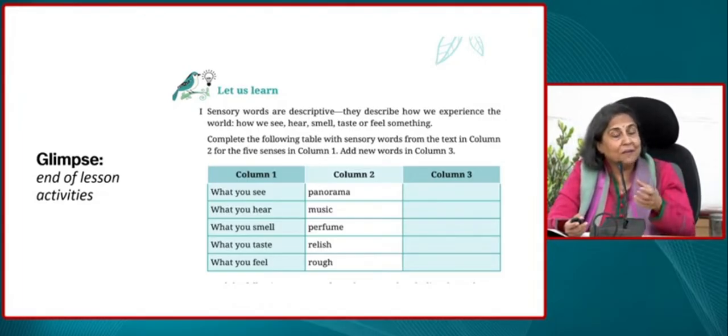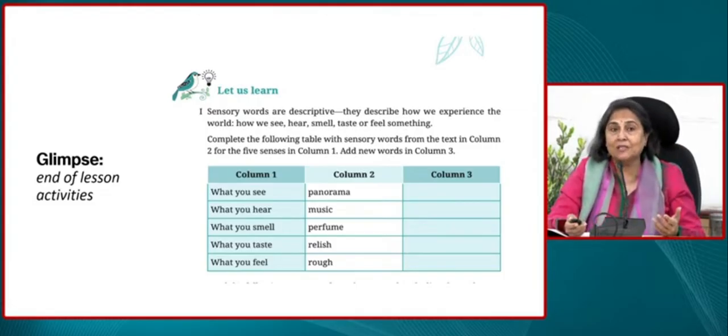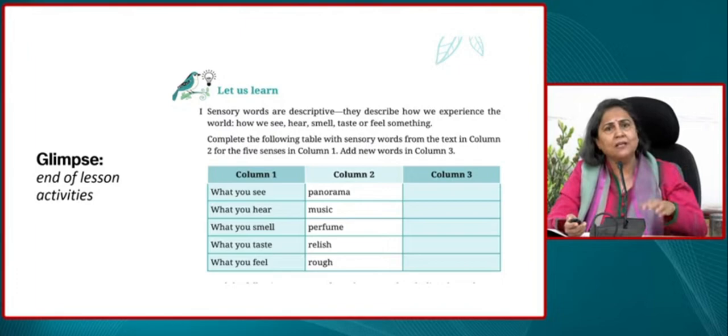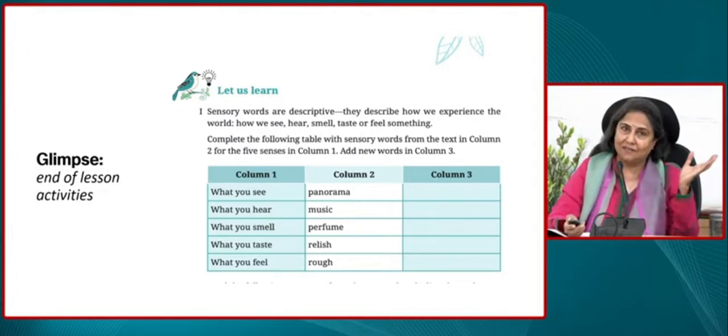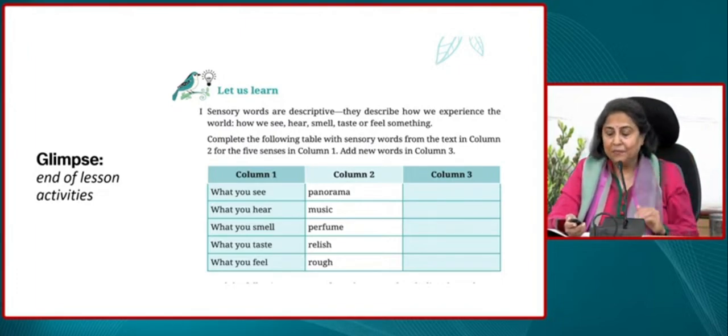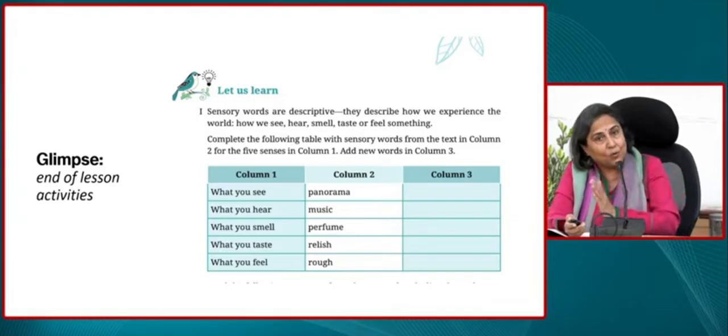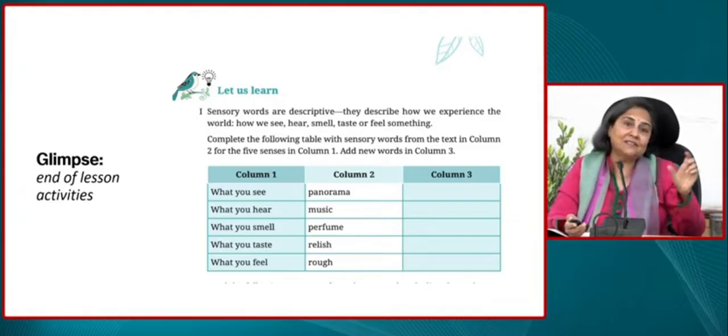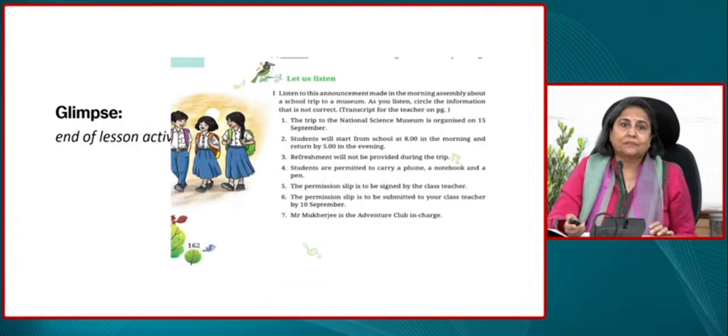And at the same time, we give them examples, and then they are asked to frame more sentences. Maybe they can write a story using past tense, or they can describe something, what they did in the evening yesterday, and all of that. So like this, we are taking them forward as well as keeping it contextual.